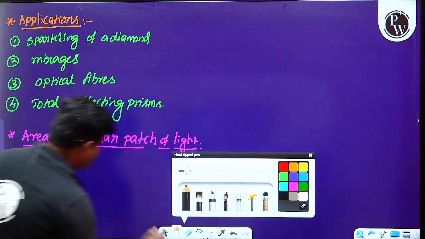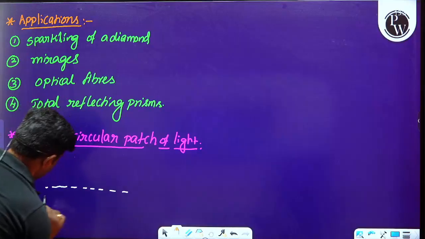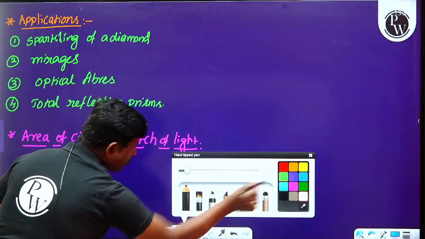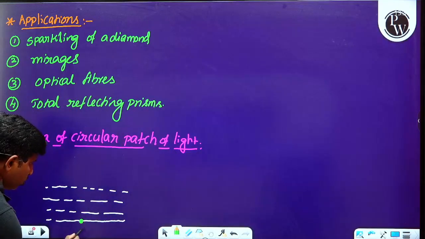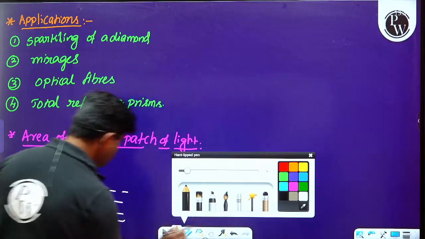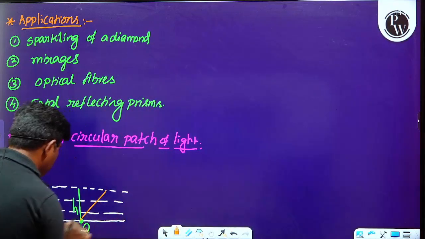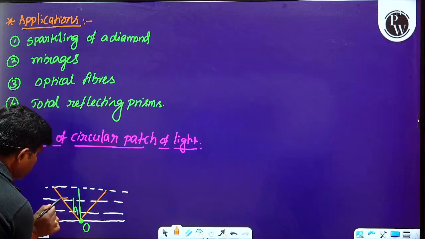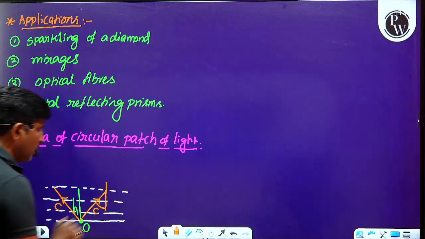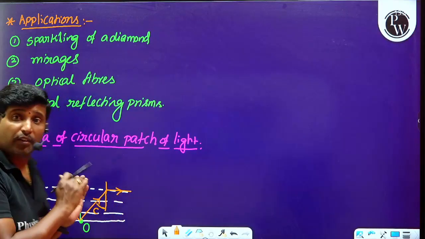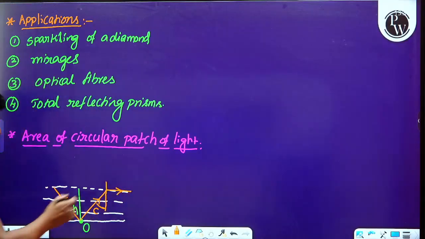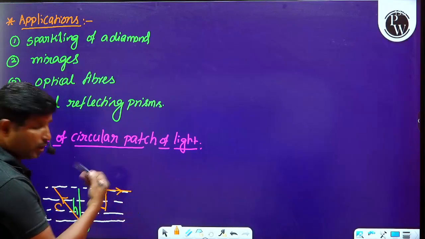Let us imagine an object which is placed in a denser medium, let us say an object O is located at a depth equal to h, and the light coming from the object is made to incident at an angle exactly equal to the critical angle. The ray will not get refracted into the other medium. It will graze the surface, and we cannot see the light after this particular point, okay.